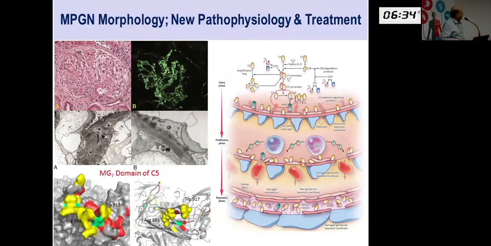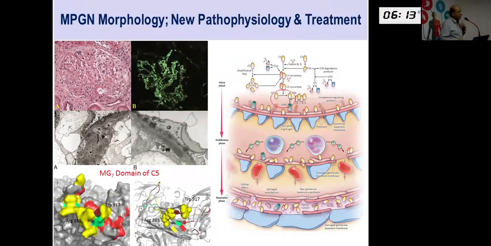It so happened that we have always found, once a year or maybe twice a year in a large biopsy center like ours here, just isolated deposit of C3 on immunofluorescence and nothing else. No immune complex. We never knew what it was, and we thought this was actually a resolving process.